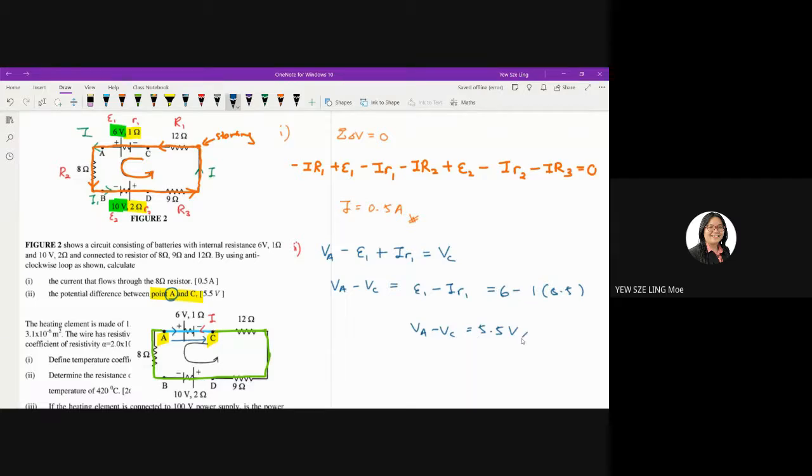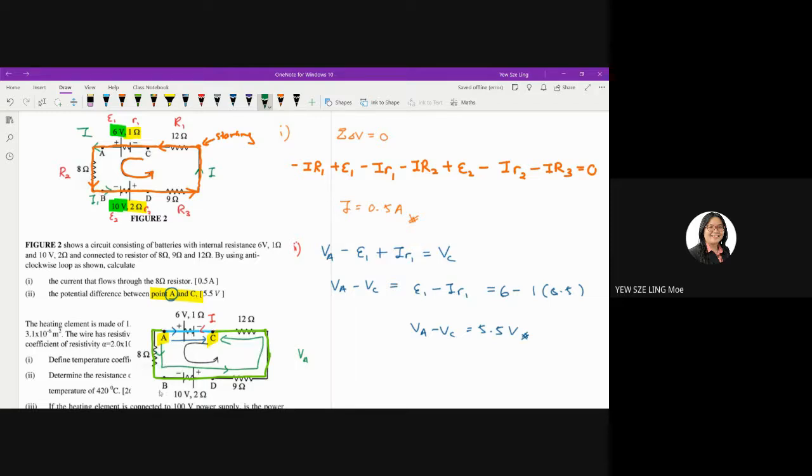5.5 volt, if you use the short path. If you think this is too short, too easy for you, not challenging, then of course you can use the green color path. So start from VA again and travel through this green color path. Basically, the green color path is quite similar to your first question.